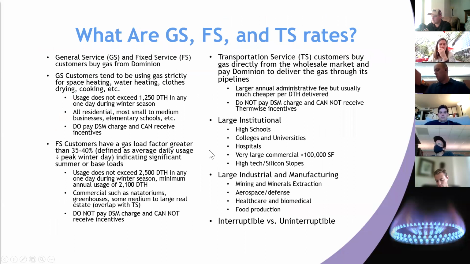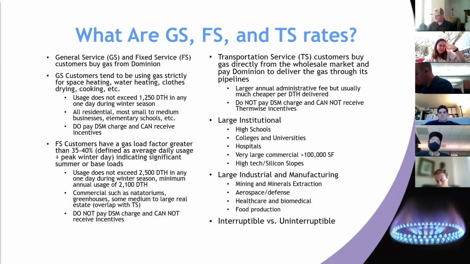So the other thing we want to talk about is how Dominion and third-party suppliers provide gas to customers. And we work with GS, TS, and FS rate schedules primarily. These are the three rate schedules that Dominion has for its customers.